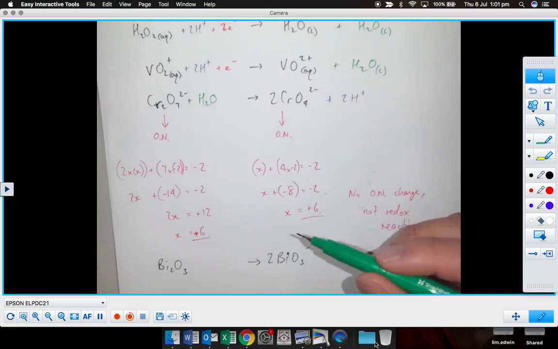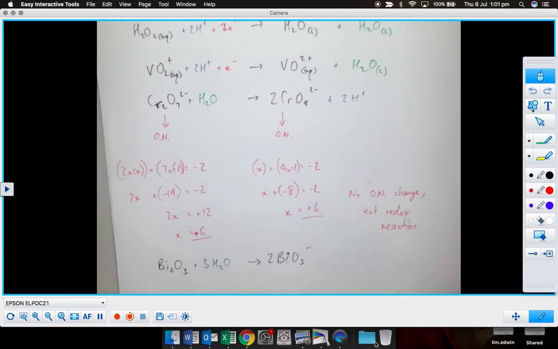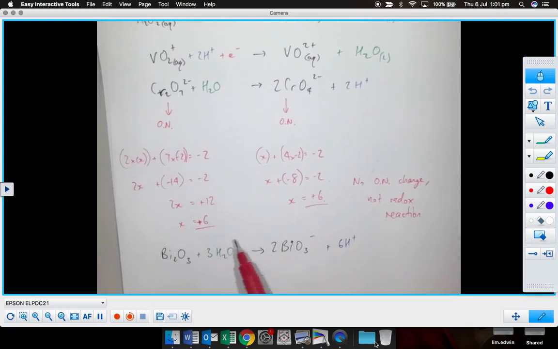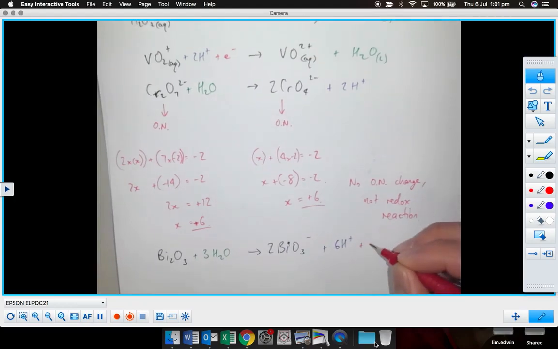I've got 6 oxygens here and only 3 oxygens there, so I'm going to have 3 waters on this side. I'm then going to balance out the hydrogens by adding 6 hydrogens on this side. Then I ask, what's the total charge here? Total charge here is 0. Total charge here is +4. So we're going to bring this +4 down to 0, so we add in 4 electrons here.